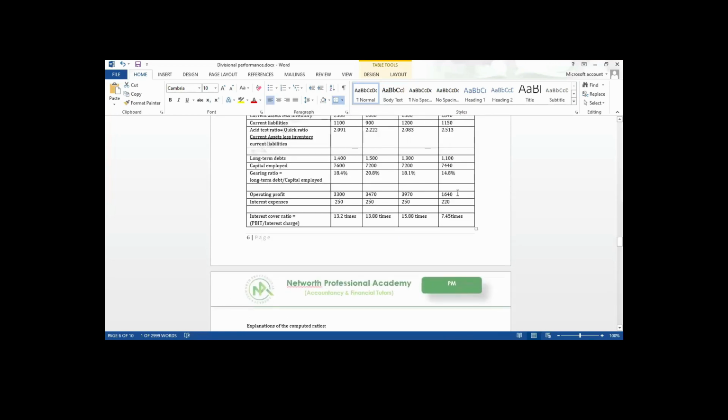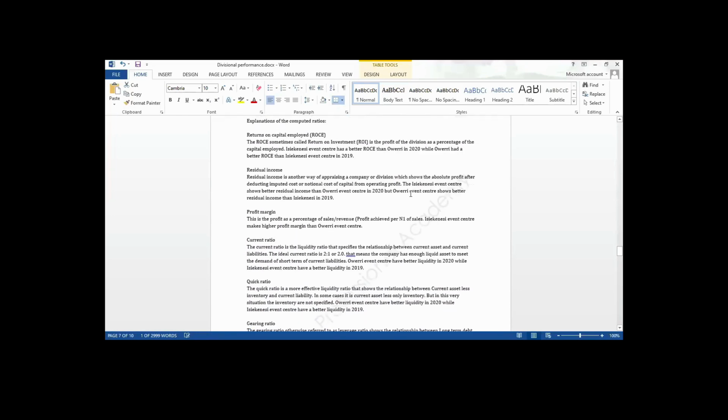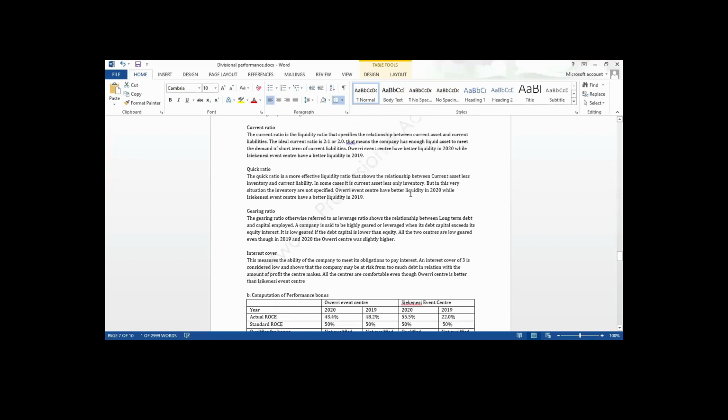These companies, they are lowly geared. 18, 20, 18. All the two centers are low geared, although in 2019 and 2020, Owerri Center are slightly higher.